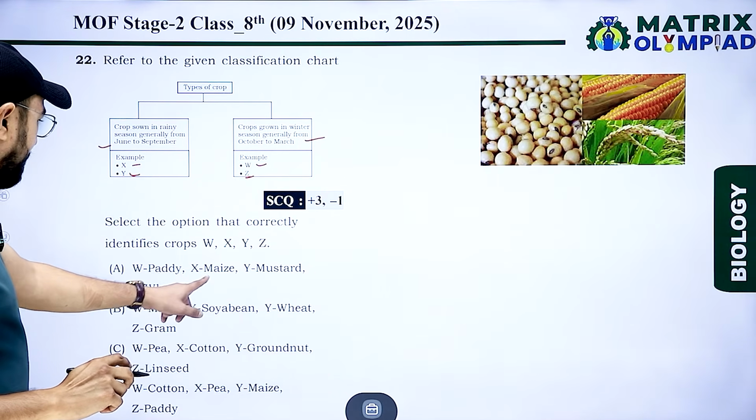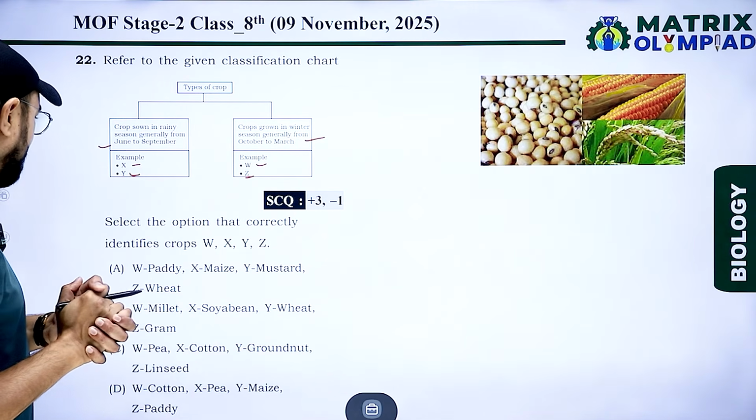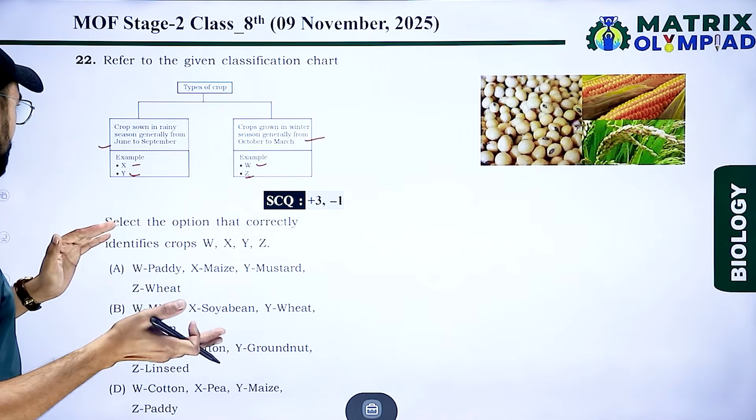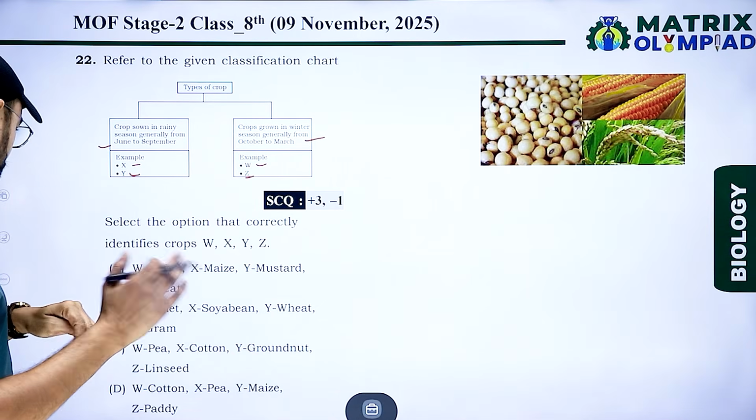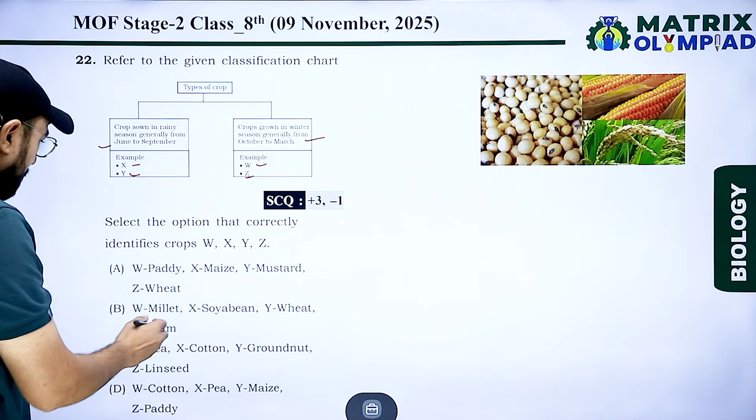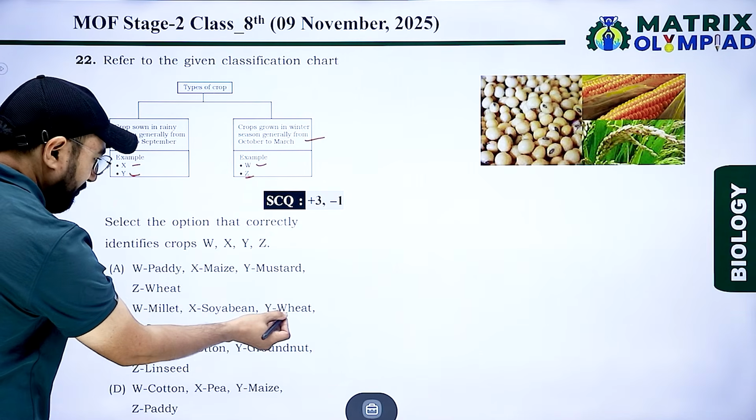Option A, W paddy, X maize, Y mustard and Z wheat, not matched.